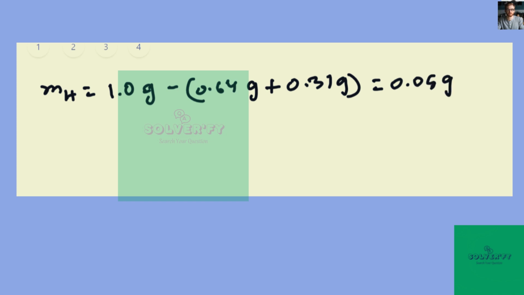So this is the mass of hydrogen in a 1 gram sample. Now we know the mass of each element which is present in 1 gram of a sample.